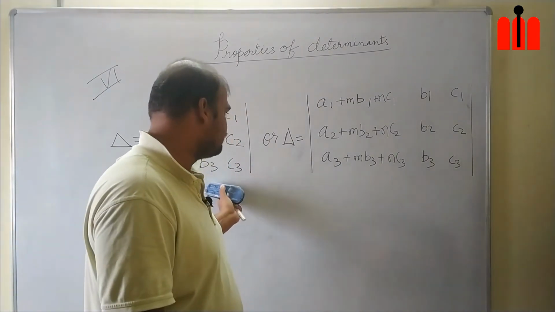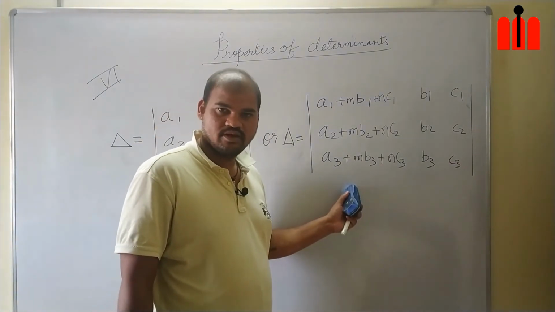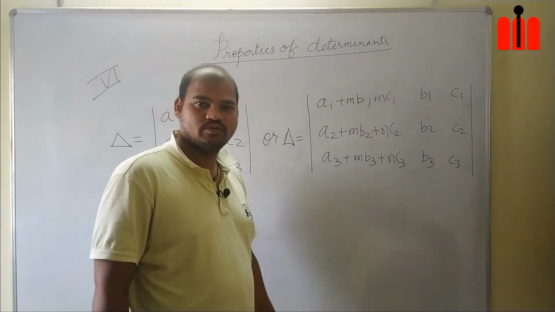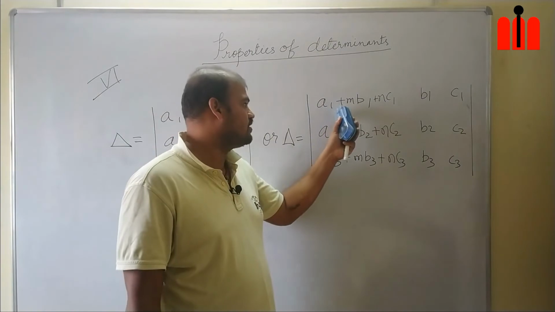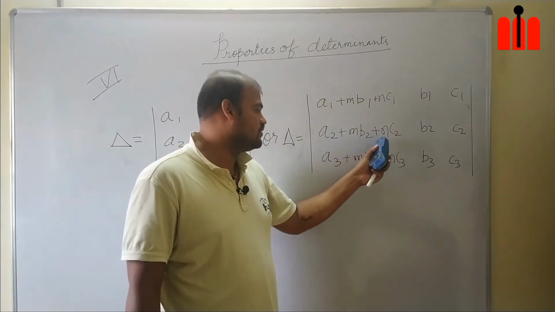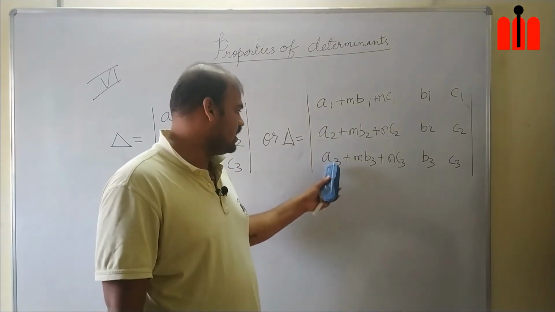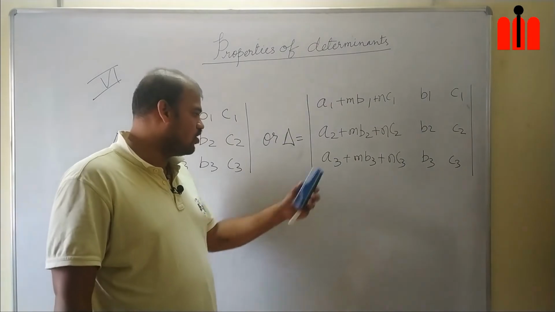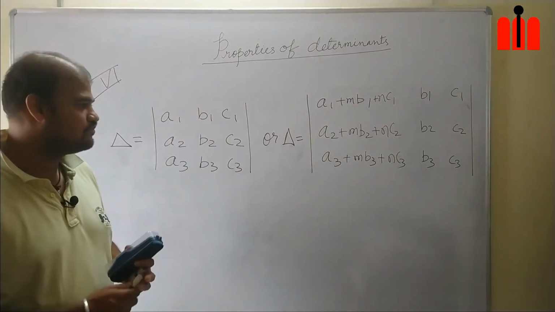Either I can write the determinant like this or like this, but here column number 1 is modified: a1 plus m b1 plus n c1, a2 plus m b2 plus n c2, a3 plus m b3 plus n c3. How do we say that these two are the same?